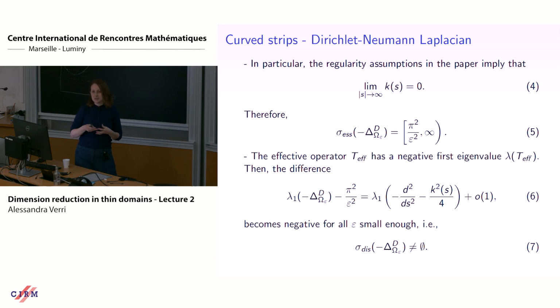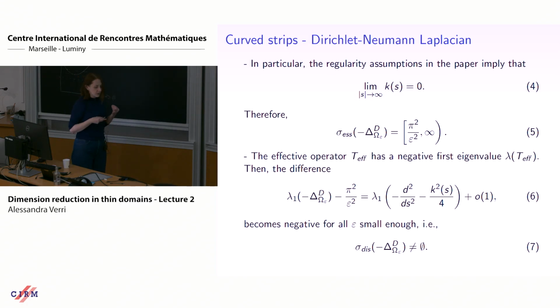Geometrically, this means that our strip is asymptotically straight at infinity, and in this case, we have control over what happens with the essential spectrum. So the essential spectrum is given by this interval. This value is exactly the first eigenvalue of the problem in the transverse direction.